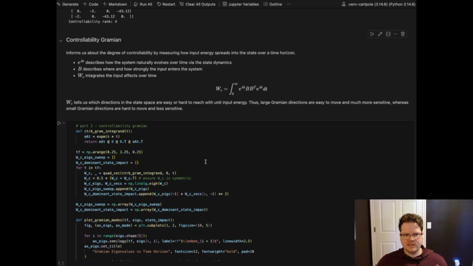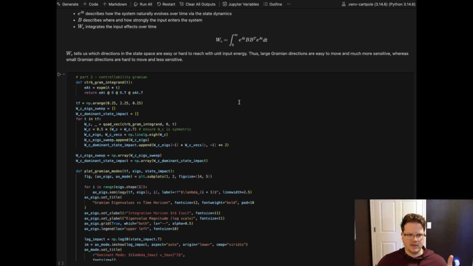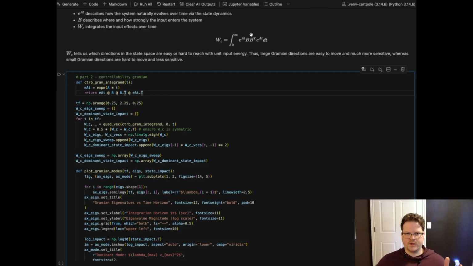And we're going to see that stepping through this controllability gradient code here. So stepping through it really quick, this integrand here is just plucking out the math in between the integral here.